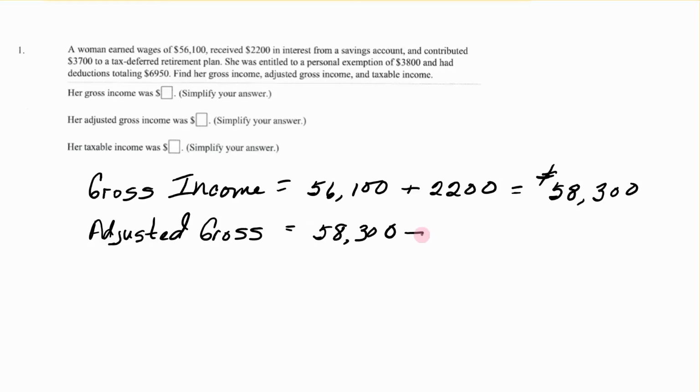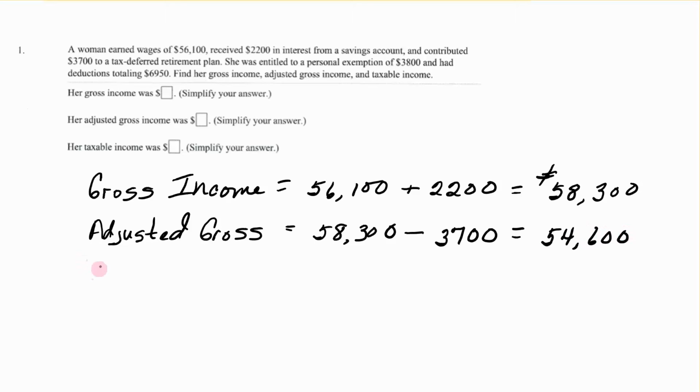Now remember, I read off the adjustments, and she had an adjustment of a tax-deferred retirement plan. And the key there is tax-deferred. So $3,700 of that income, it was nestled in here. $3,700 of it should not have been taxed. So we'll take that off, and that's $54,600.